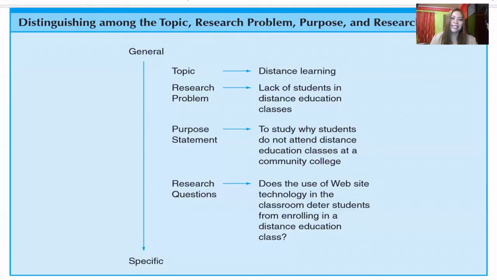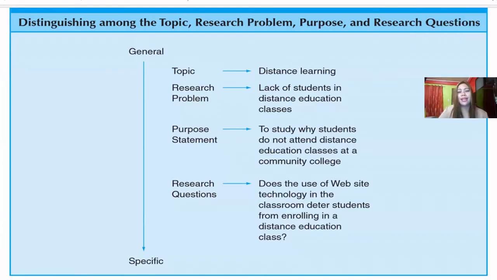So how do we distinguish among the topic, the research problem, the purpose, and the research questions? What we're going to do is see the concept from general to specific. As I have said, if your topic is distance learning, you might consider observing your environment at a specific time, and then identify what issues and concerns confront this topic.